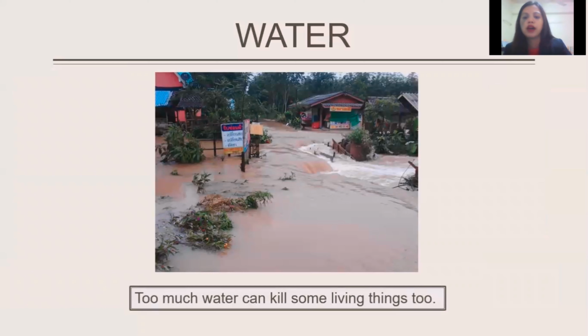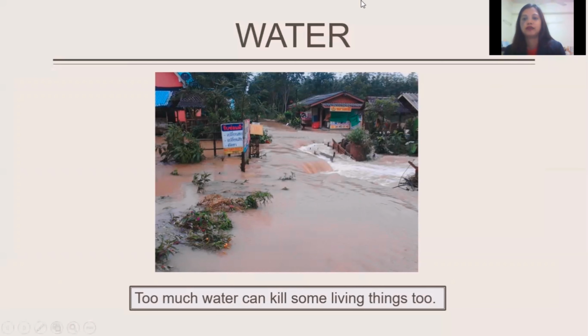So too much water can kill some living things too, such as plants, small animals, or even humans. These are just some examples of how the non-living thing, which is the water, affects living things, such as animals and plants.